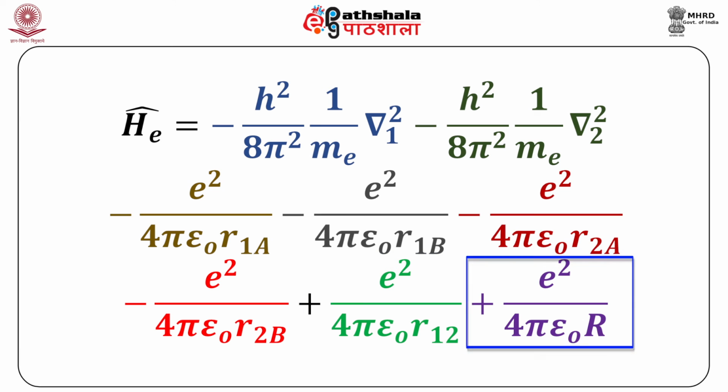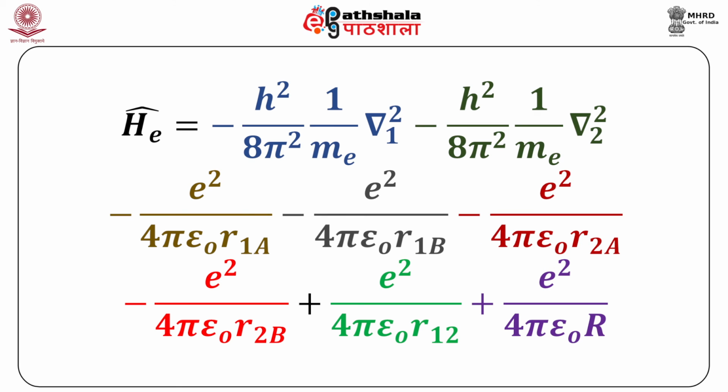And we also have the last term here, which is the repulsion between the two nuclei. R is the internuclear distance, which is fixed here because we are assuming nuclei to be stationary.